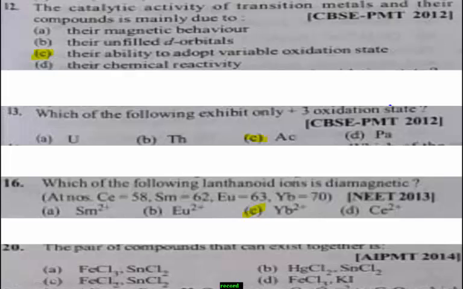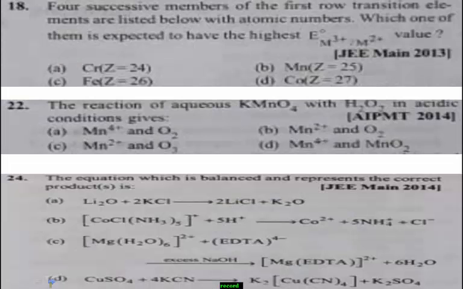FeCl2 and SnCl2 have lower oxidation numbers, hence they cannot reduce the higher oxidation states, which include FeCl3 and SnCl4. Therefore option C is the right answer.